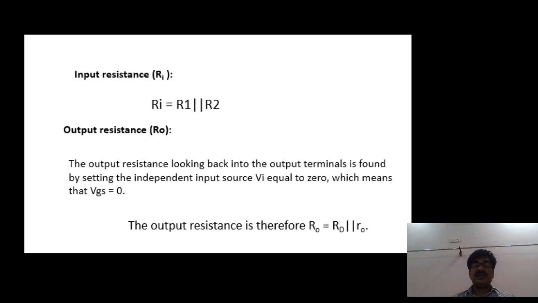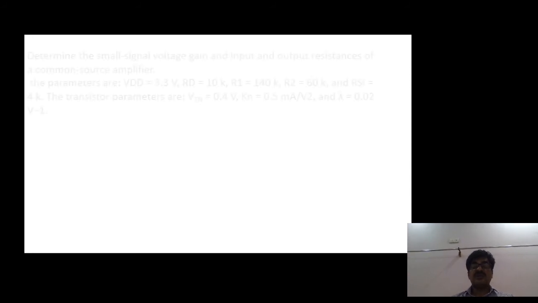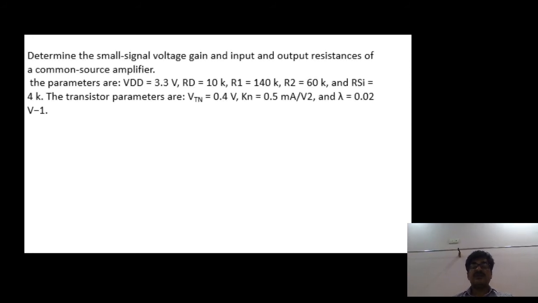So in the next class, you can see the analysis of the CS amplifier including the source resistor. But before going to that, let us solve one problem with reference to the common source amplifier.